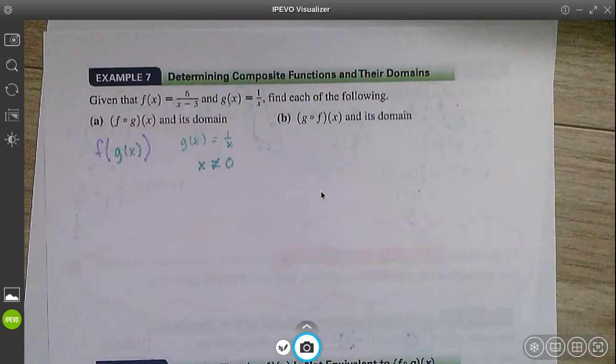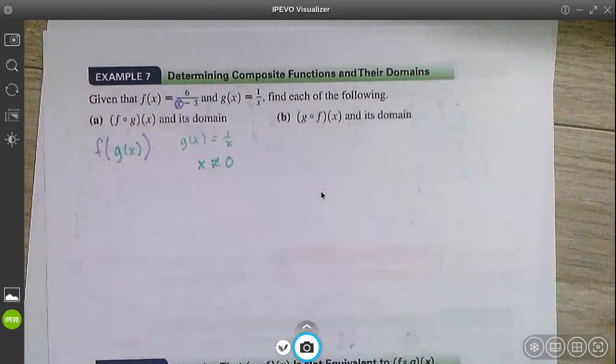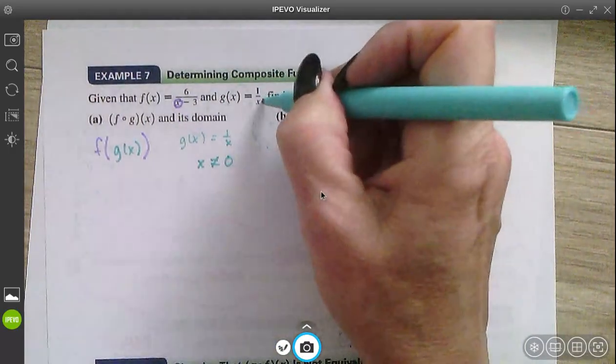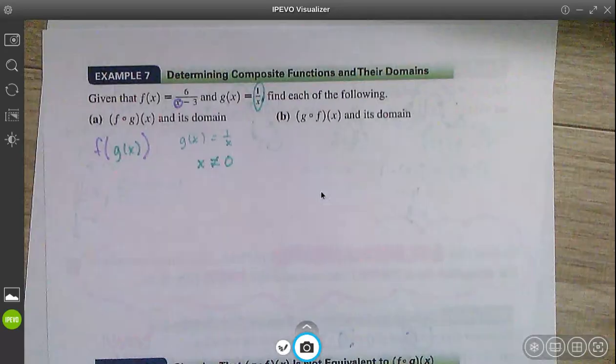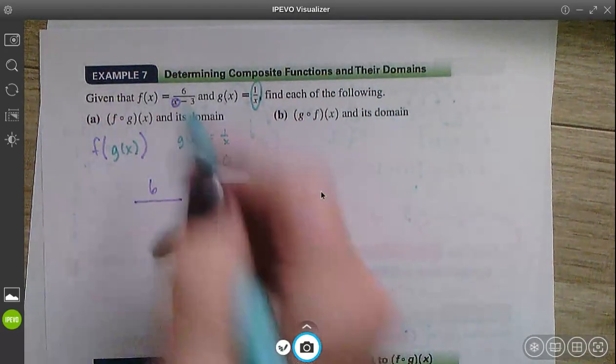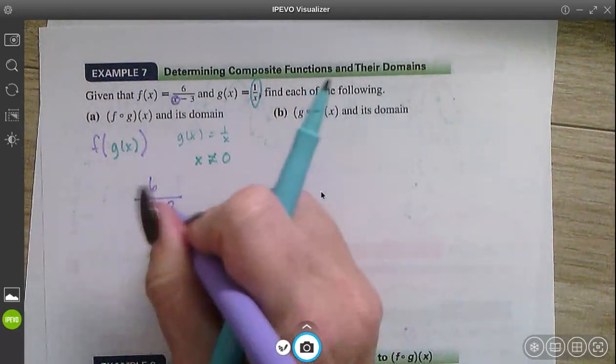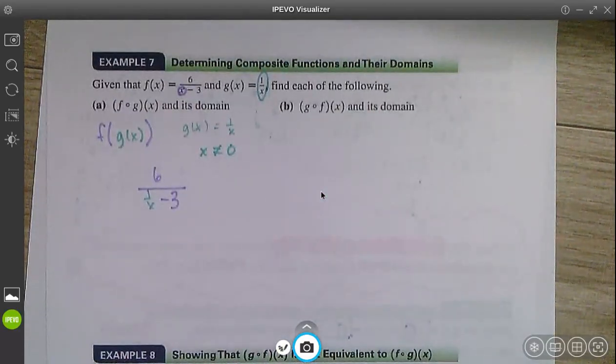Now let's do f circle g of x, which means I'm taking f of x and replacing the letter x with whatever g of x is. So f circle g of x would be 6 over, replace that x with 1 over x, minus 3. Now I can't leave it looking like that because it's weird.